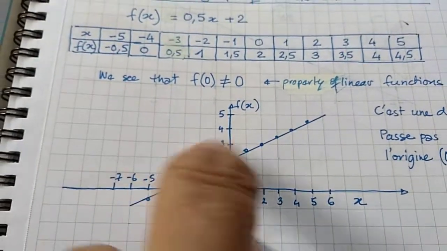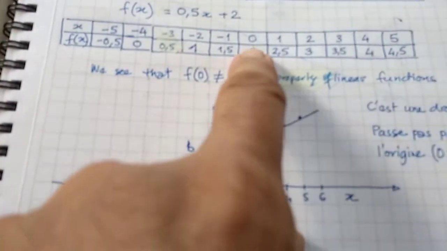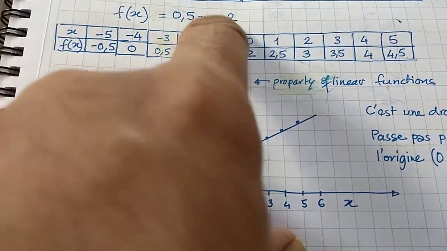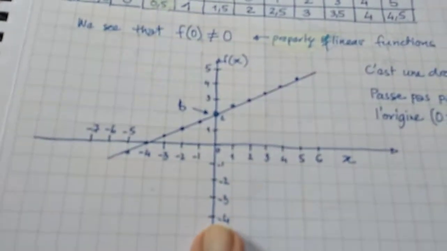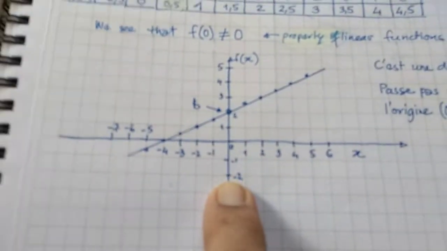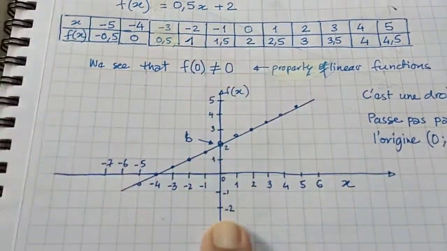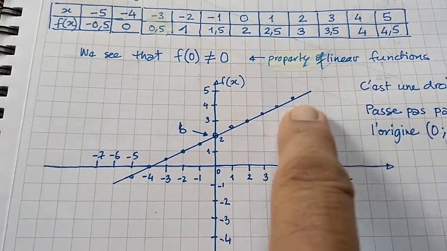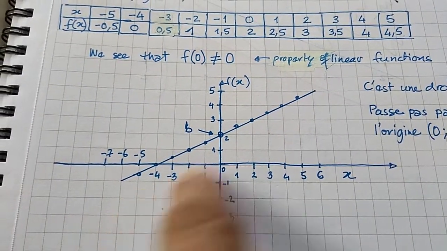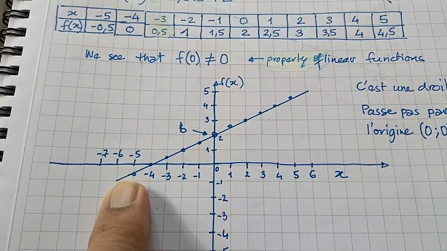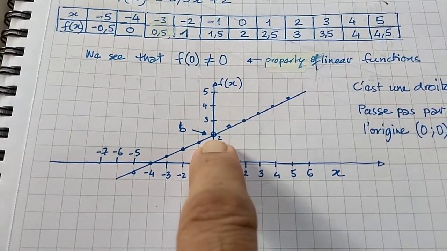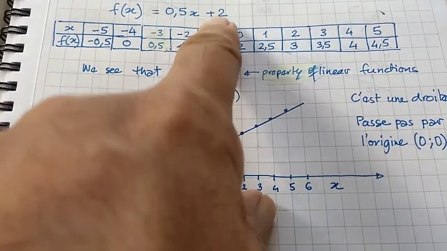That's very easy, because if you put 0 here, the value is whatever is the value of b. So you would have got minus 2 if this had been minus 2. So one very interesting property of the graphic representation of an affine function, that is a straight line, is that it crosses the y-axis at point B, where B is this value.